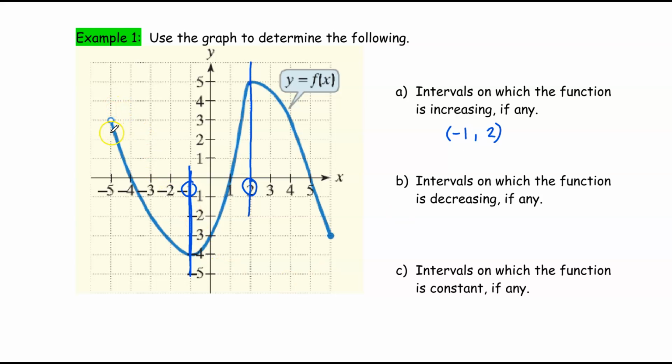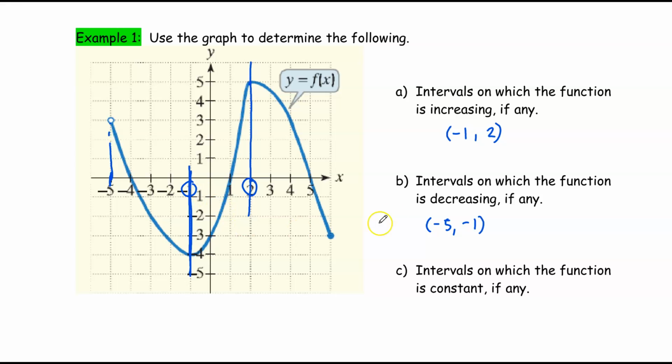Now, if you look at these intervals here, the function is falling. So we have falling here, and the function also falls here. So on those intervals, the function is decreasing. So the function is decreasing on, again, always write an open interval, from -5, so starting at -5 up to this point here, and that is -1.